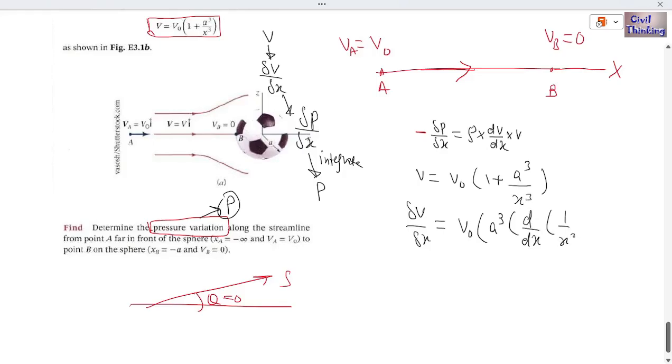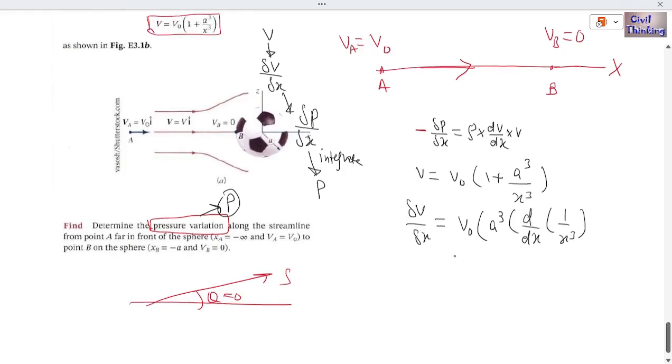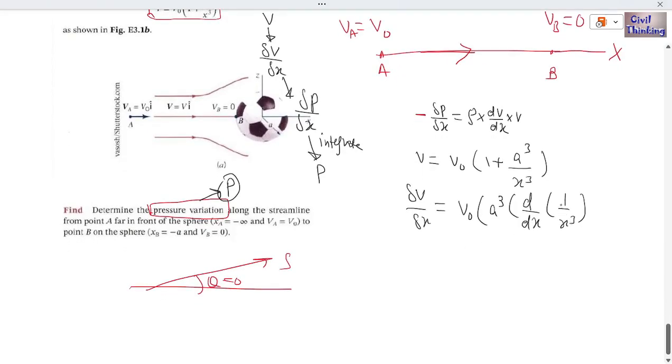But we can write 1 upon x cube to be x raised power minus 3. But remember, differentiation of x raised power n is what? I forgot, n times x raised power n minus 1.